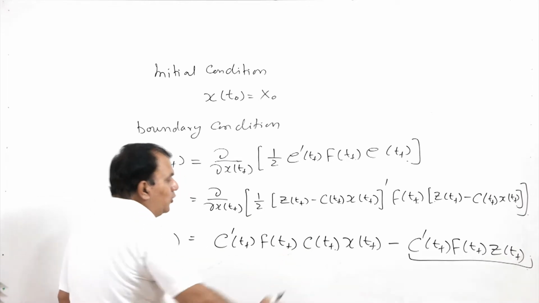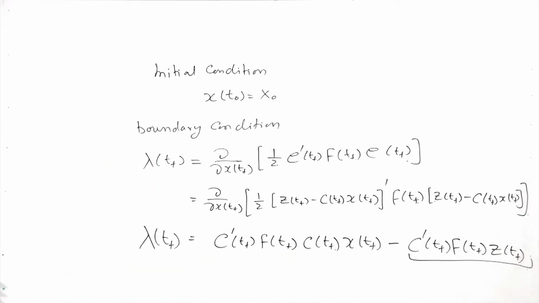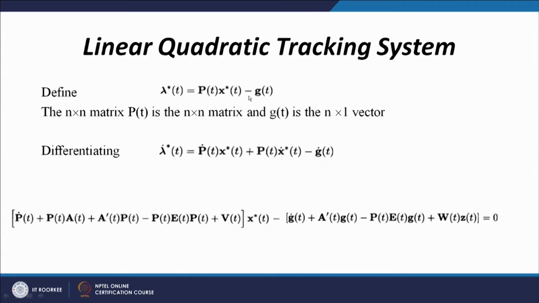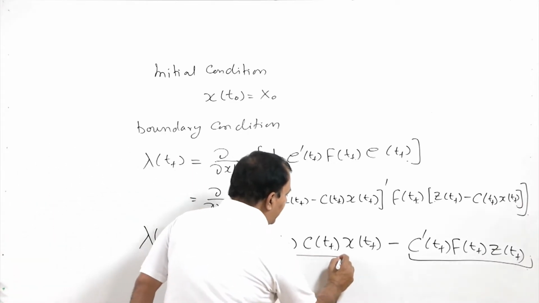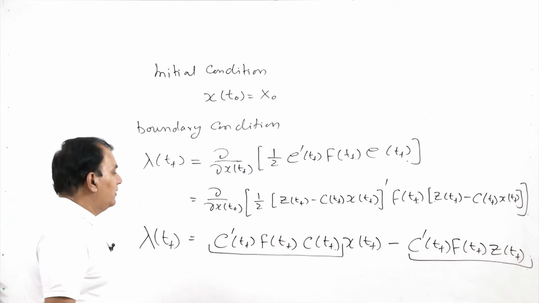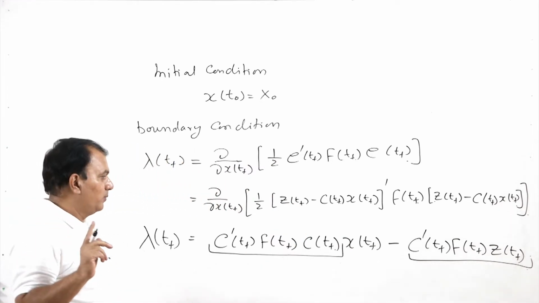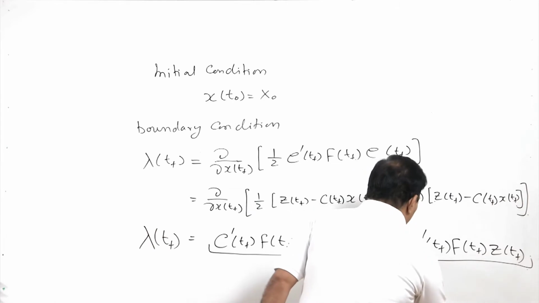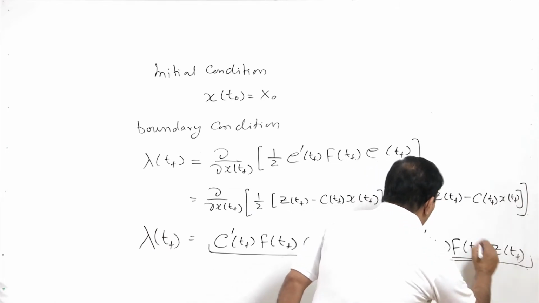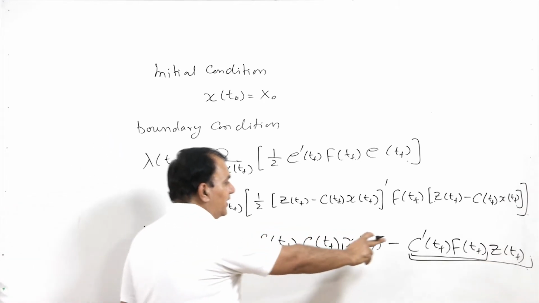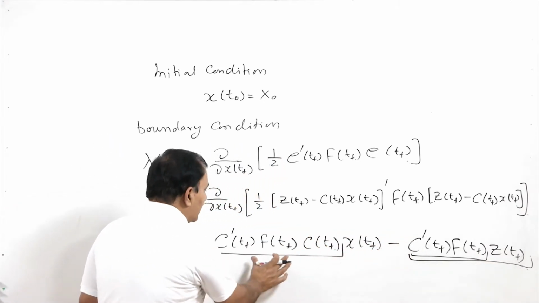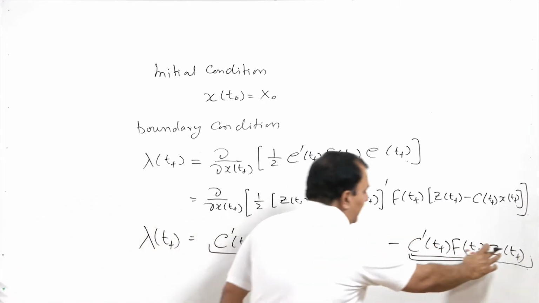So, by this intuition we can consider this as P of T f x of T f minus z. This is representing a matrix at the T f point, and this is representing another matrix at the T f point.